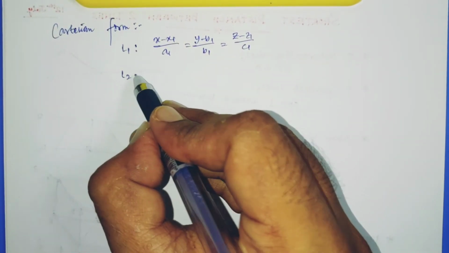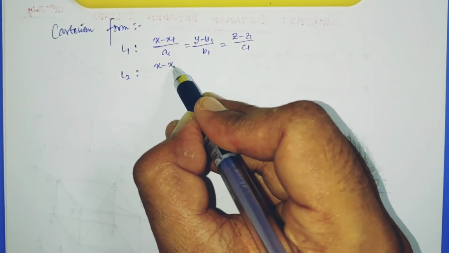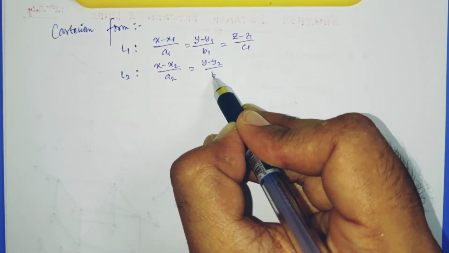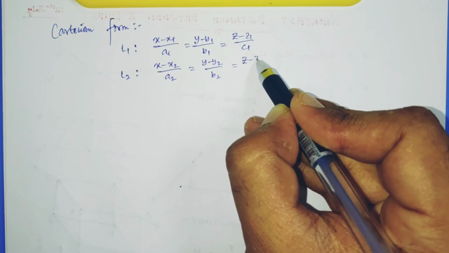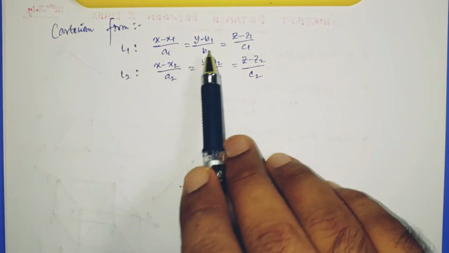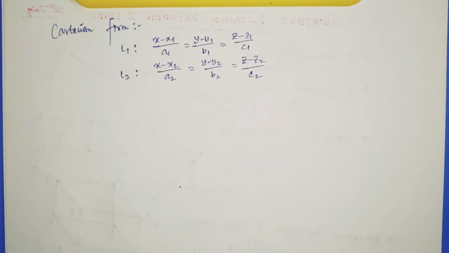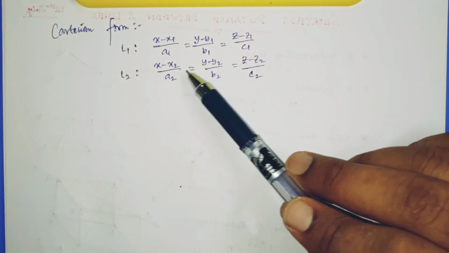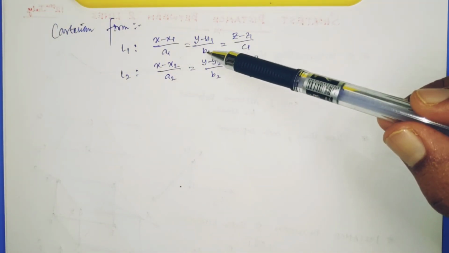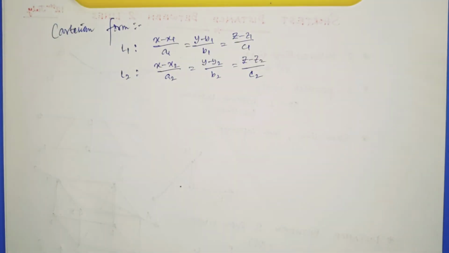In the same way, L2 will be (x minus x2) by a2 is equal to (y minus y2) by b2 is equal to (z minus z2) by c2, right? Where x1, y1, z1 is the position vector a1, and x2, y2, z2 is the a2 vector, and a1, b1, c1 are the parallel vectors b1, and a2, b2, c2 are the parallel vectors b2.